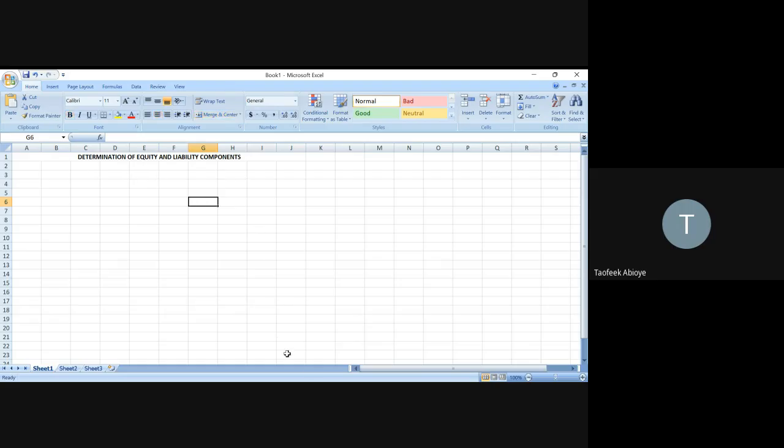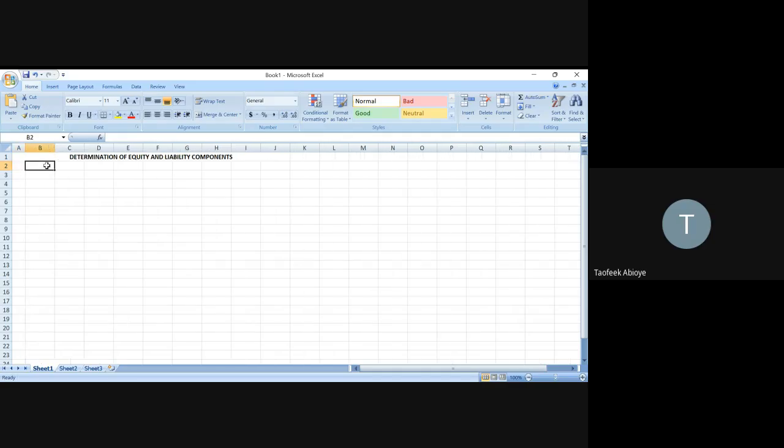How many years is the financial instrument? Three years. So what are we going to do? We are going to do it like this. I know we remember this step. We did it in class. We have year one, we have year two, we have year three. Now, let's put details here.